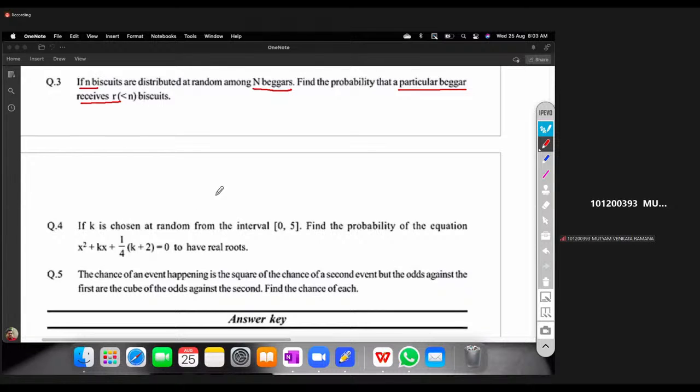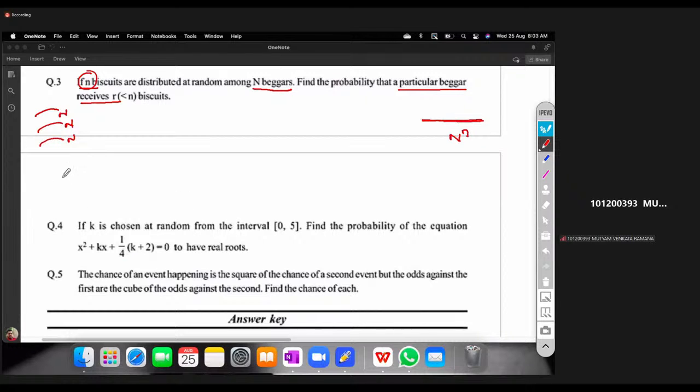So the number of ways of distributing the total biscuits: the first biscuit can go to n people, the second one can go to n people, the third one can go to n, because there is no restriction. So it will be n to the power of n.